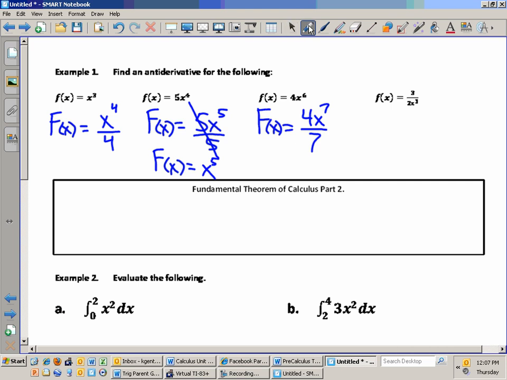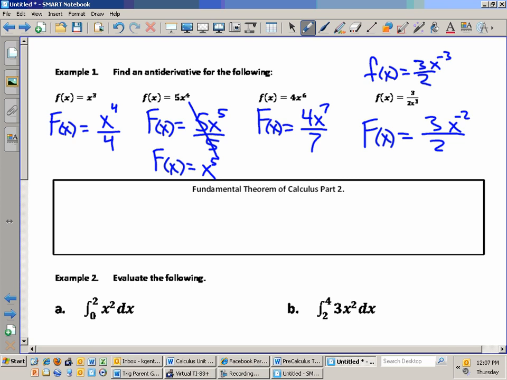This one's a little bit more difficult. I'm going to rewrite this one to be f of x is equal to 3 over 2 times x to the negative 3rd. So again, I increase the exponent by 1 to be 3 over 2 x to the negative 2, and then I divide it by what?